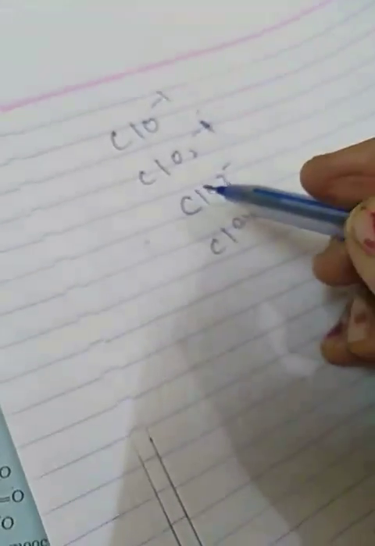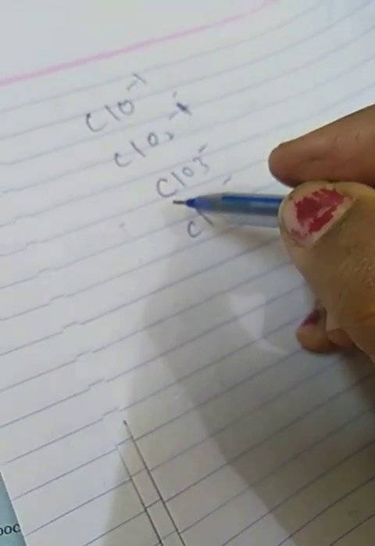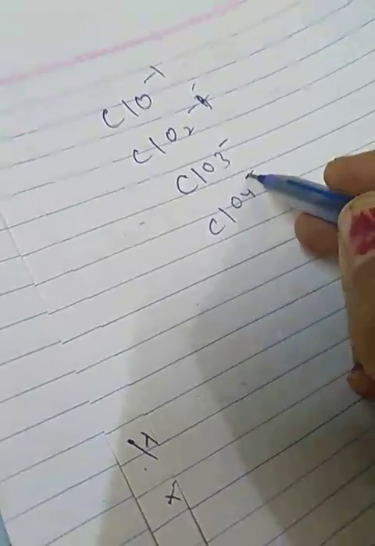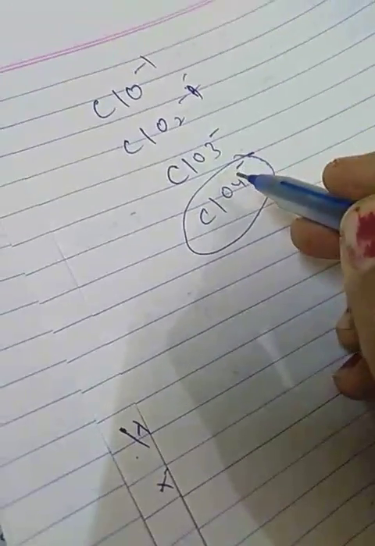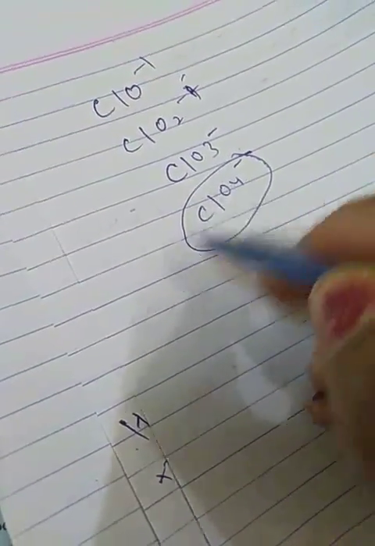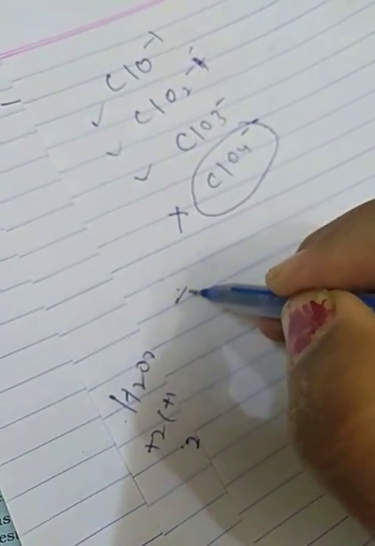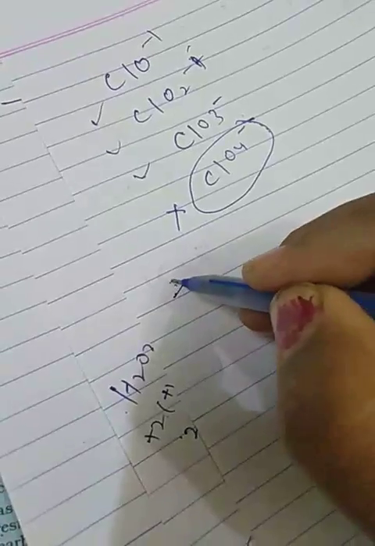See, you have to see how you can say that among the oxo ions of chlorine listed above, ClO4 minus 1 does not disproportionate; this is not a disproportionation reaction. Why? Because you have to see the oxidation state. It has the maximum oxidation state.